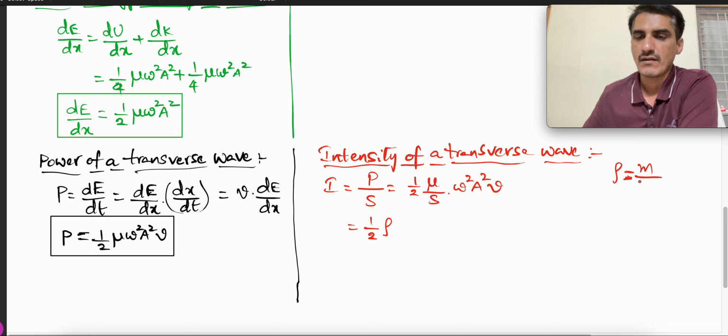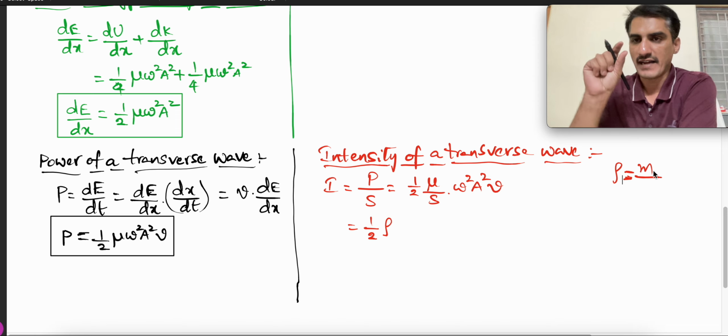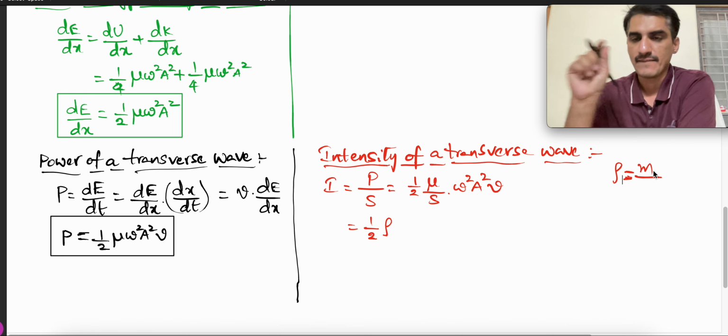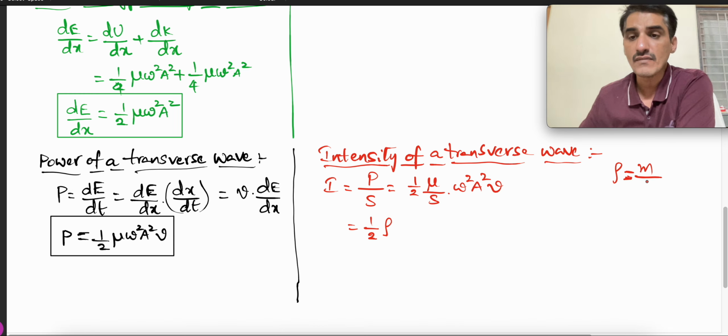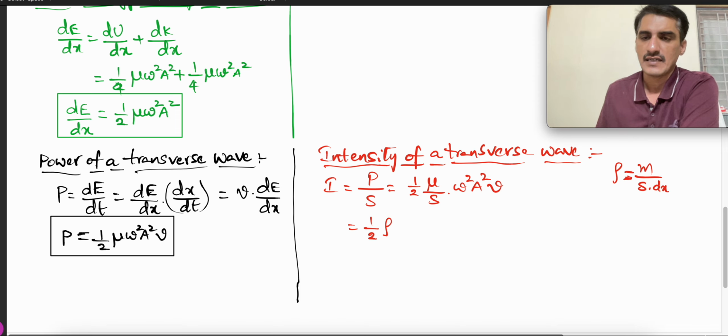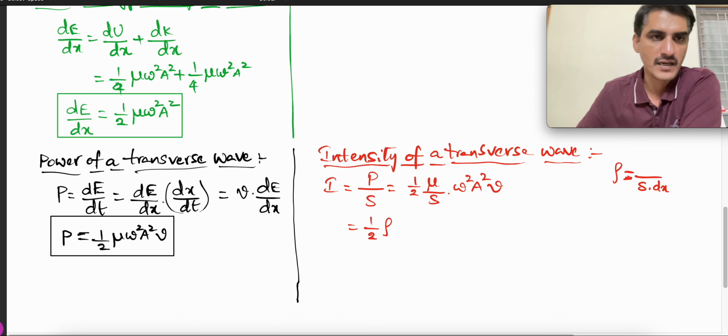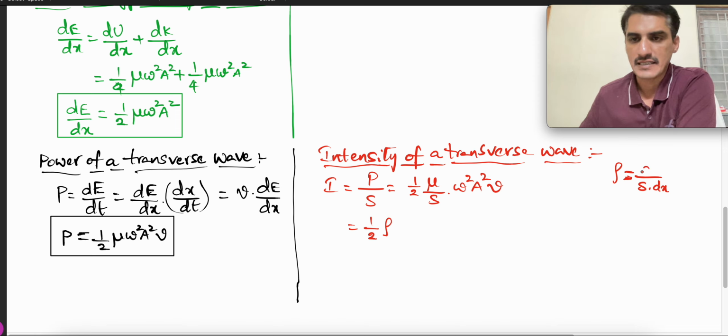Volume means volume of wire. The wire will be in the form of a cylinder, right? That is area of cross section into length. Taking a small mass dm, it is dm by S into dx. What is dm by dx? Lambda only, no?